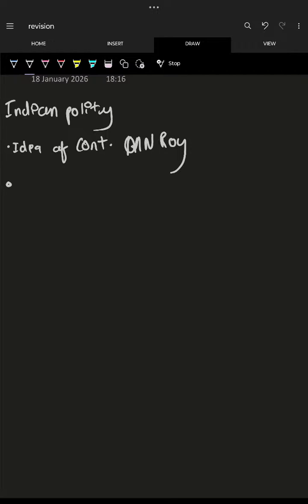Lord Canning is the first Viceroy. Warren Hastings is the Governor General.